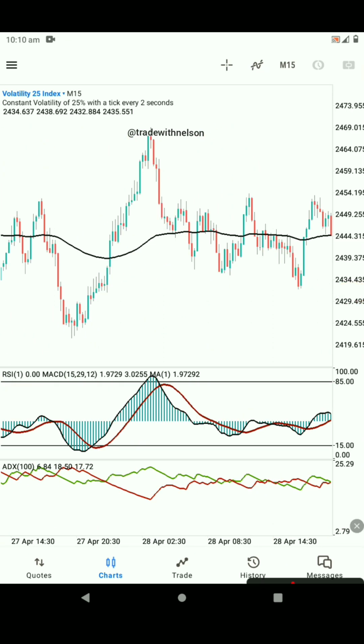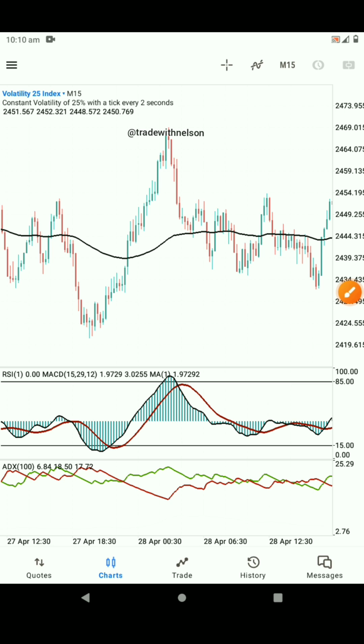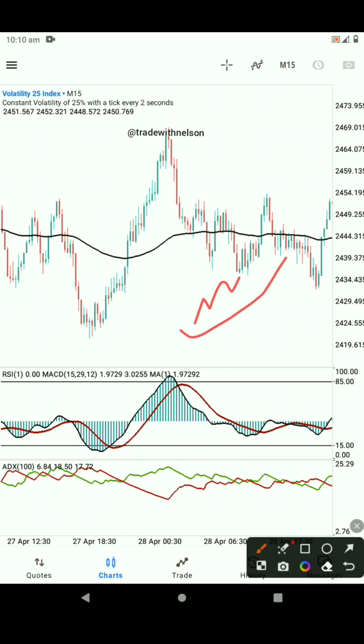As you all know, the moving average is a trend following indicator. Anytime the candle is below the moving average, the market is in a downtrend, and anytime the candle is above the moving average, the market is in an uptrend. The RSI and the MACD help us to mark the oversold and overbought levels. The 85 level is the overbought level.